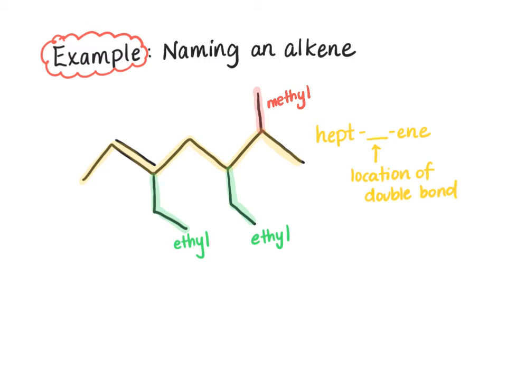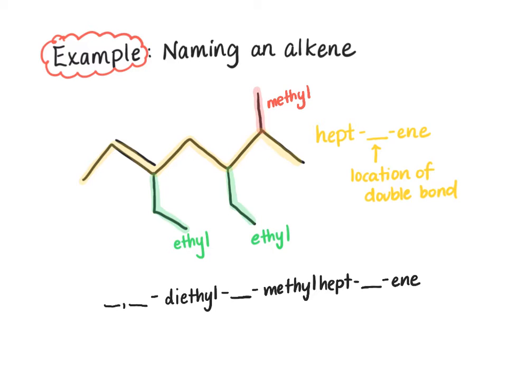So our name before we add any numbers is going to be alphabetical, same as alkanes, so it will be 2 numbers, the 2 locations of our ethyl, so diethyl, and then some number methyl, hept, and then the location of the double bond, ene.